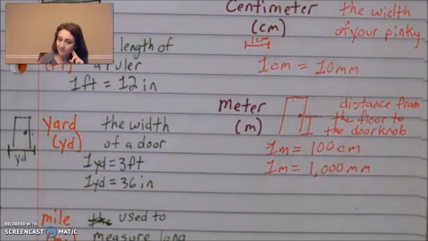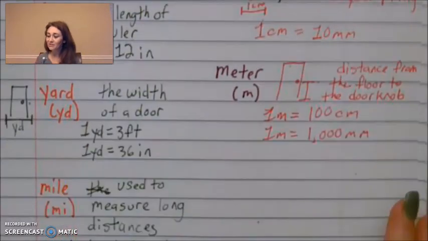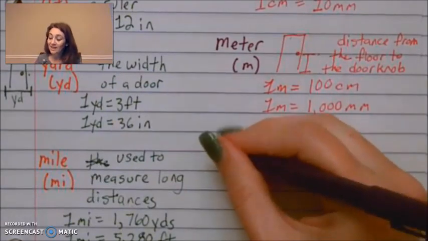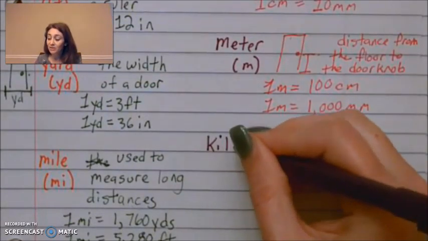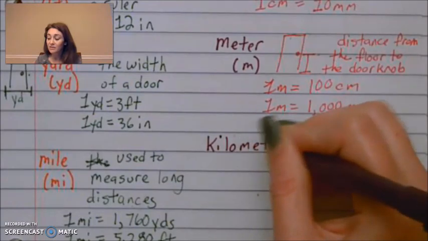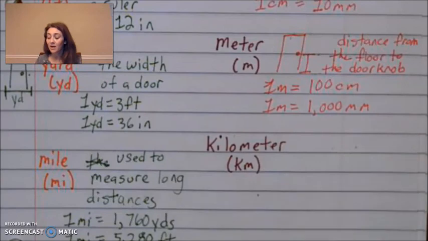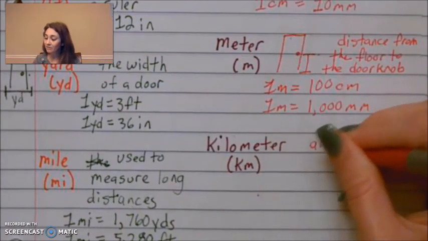All right, the last one we're going to go to is a kilometer. You might hear it said kilometer, or you might hear it said kilometer. It really doesn't make any difference to me which way you want to say it. The abbreviation is km. I'll probably stick mostly with kilometer. That's about half a mile.